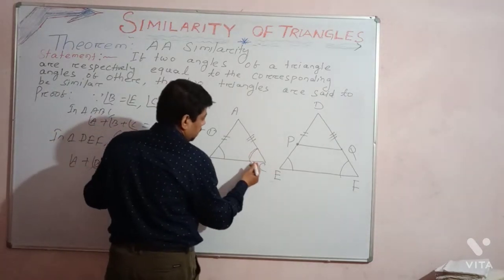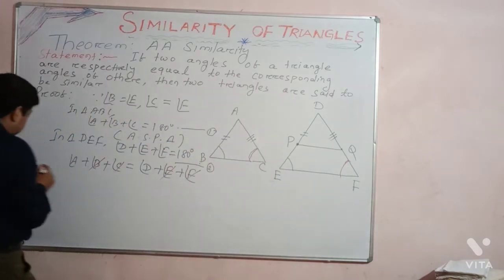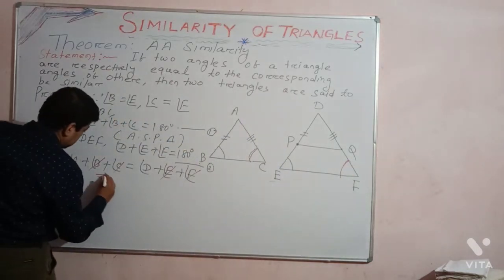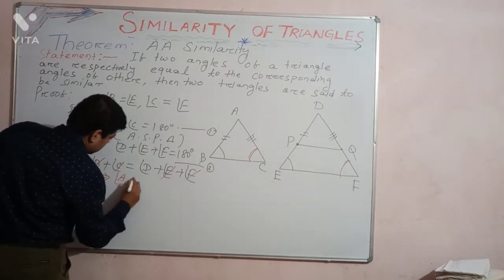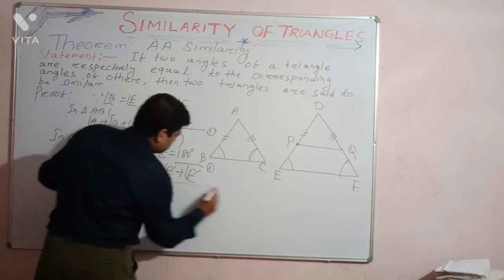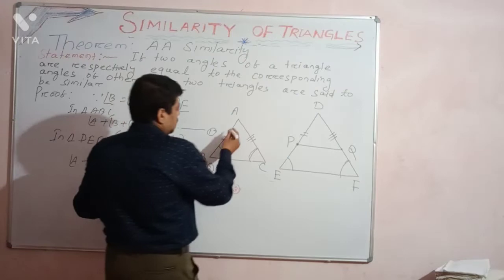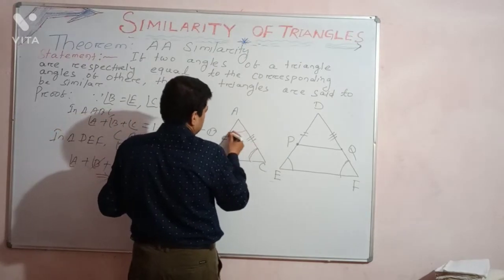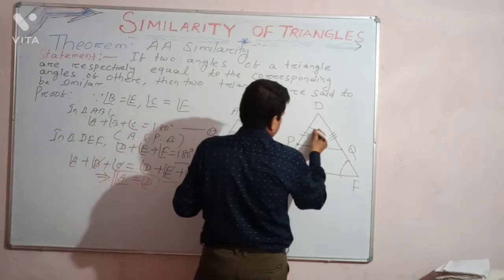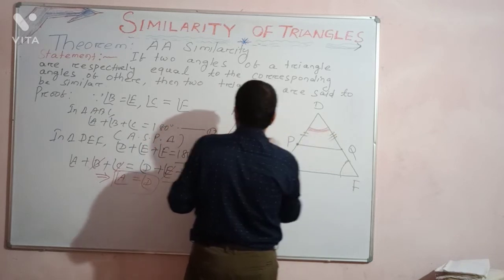After that you get angle A is equal to angle D. This is point number 3. So we got that angle A is also equal to angle D. Is it clear? Okay.